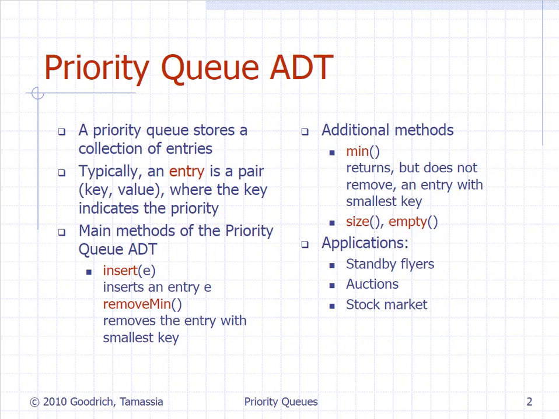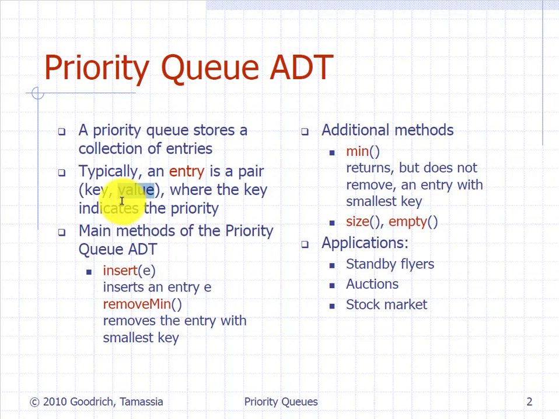So what is a priority queue abstract data type? A priority queue just stores a collection of entries. These entries can be key value pairs, and the key is typically a real number or an integer, and the value is typically an object. It can be an object from the monster class, an object from the animal class, whichever object from whichever class.